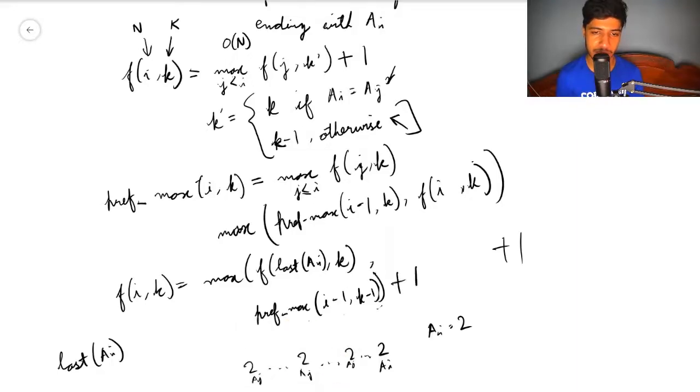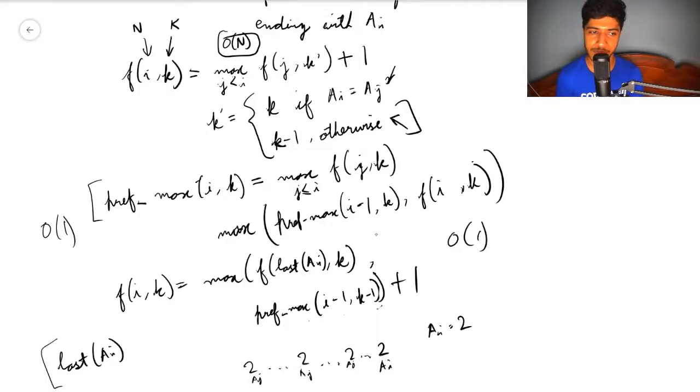Max between the two plus 1 and I'm done, right? And now this is an O of 1 calculation, this prefix max. After I calculate f i, k, I have to update prefix max. I also have to update last ai. Both of these are O of 1 operations. This max is also an O of 1 operation. So you can see for each state, instead of doing O of n operations, I'm doing O of 1 operations.